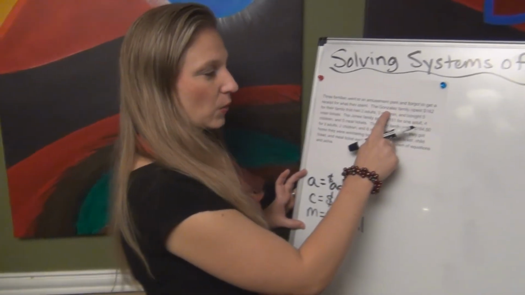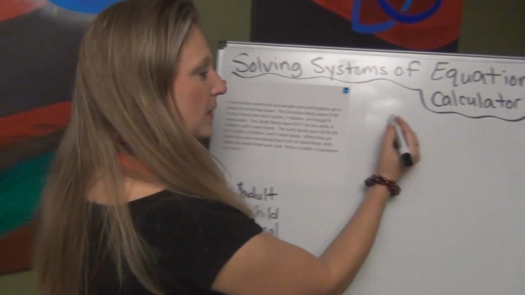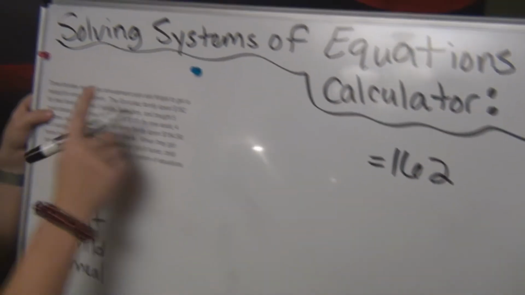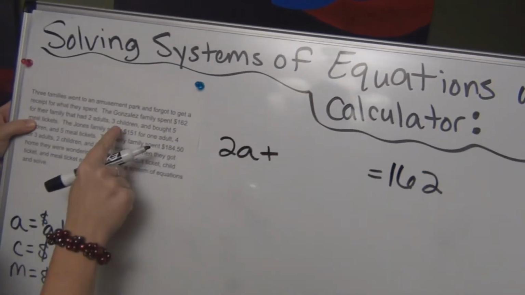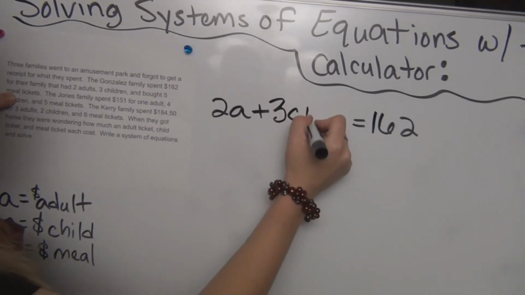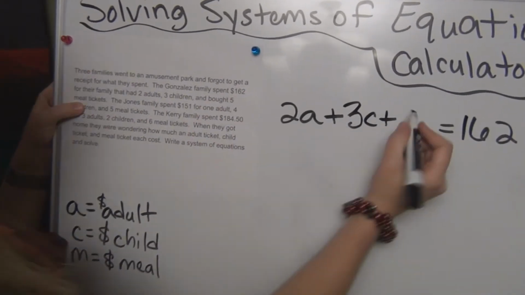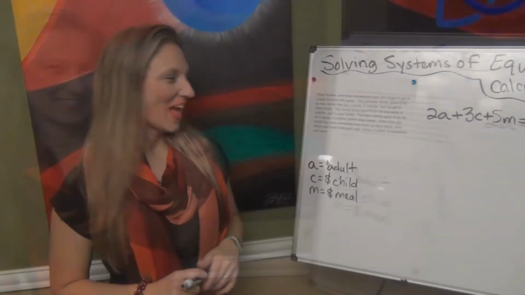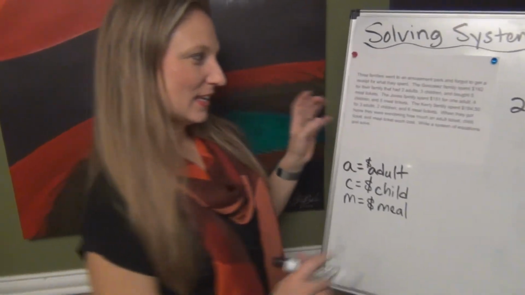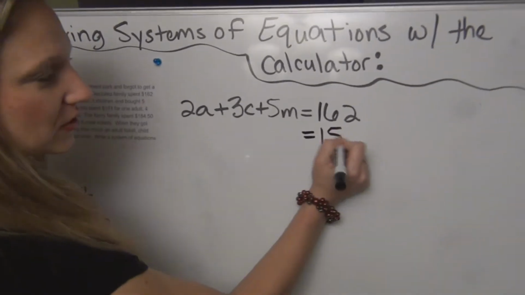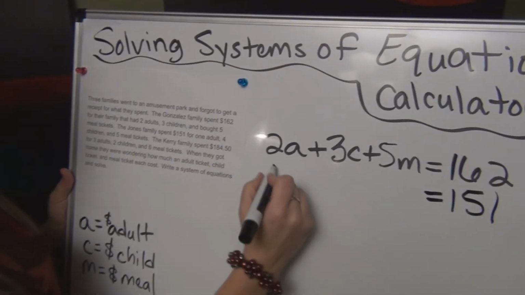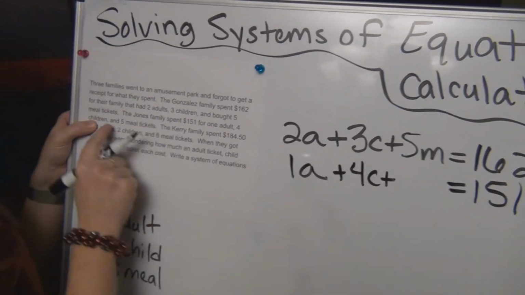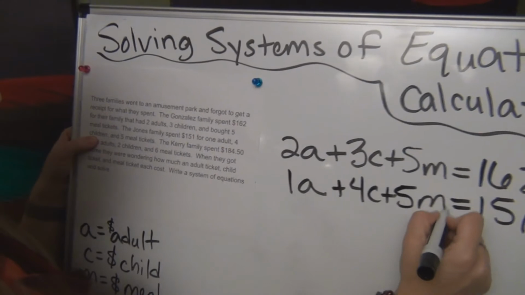All right, so first let's write an equation for the Gonzalez family. They spent a total of $162. They had 2 adults, 3 children tickets, and 5 meal tickets. The Jones family spent $151 for 1 adult, 4 children, and 5 meal tickets.